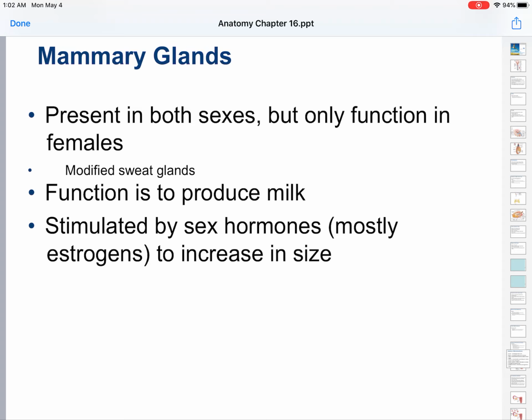The function of the mammary glands in females is to produce milk. They're stimulated by sex hormones, mostly estrogens, and also the progesterone, to increase in size.